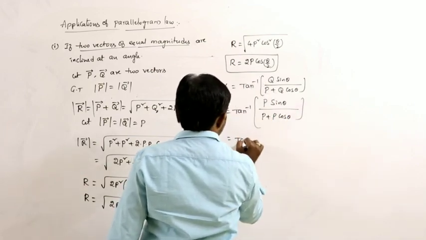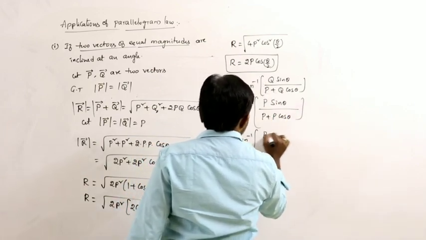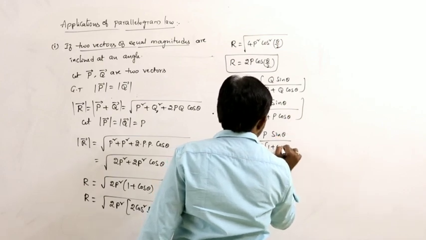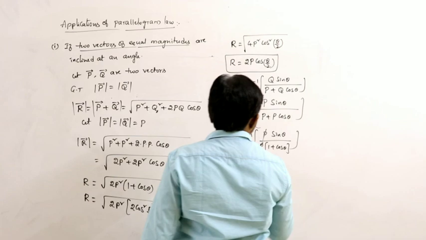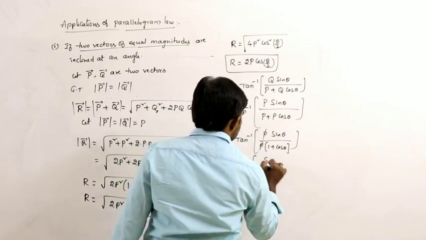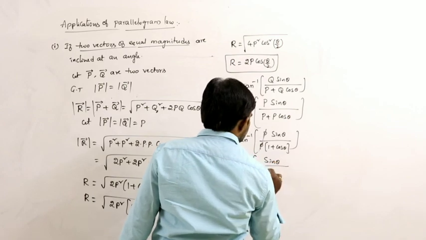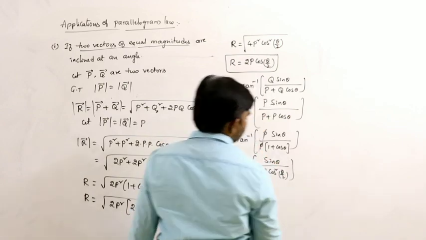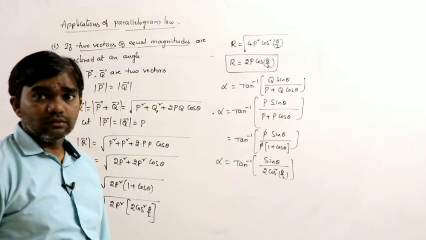That is equal to tan inverse of p sin theta divided by p common, 1 plus cos theta. The p's cancel, and alpha is equal to tan inverse of sin theta divided by 1 plus cos theta, which can be written again as 2 cos square theta by 2.